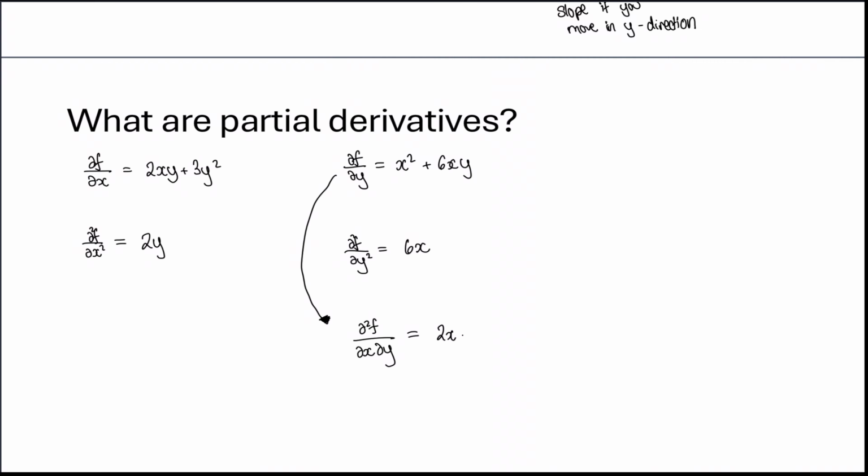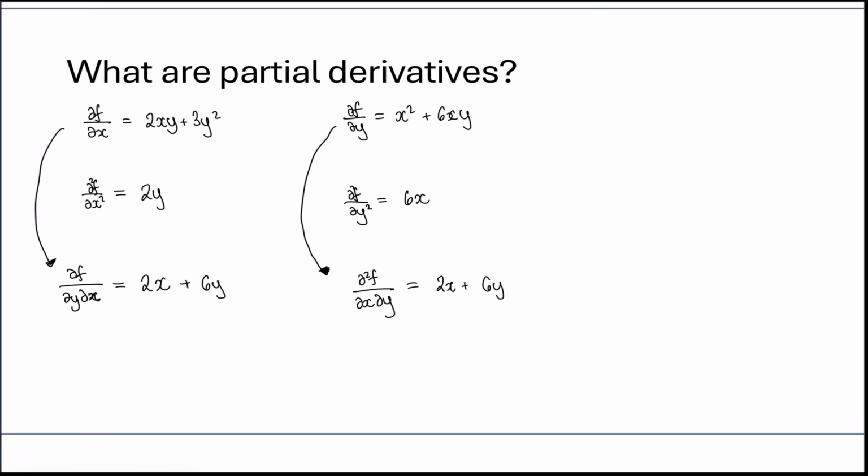So we get 2x plus 6y. And this is just called a mixed partial. And if we look over here, we can do the exact same thing, and so we get 2x plus 6y. And what we should notice is that these two should always be the same. If they're not the same, it just means that you've done something wrong.